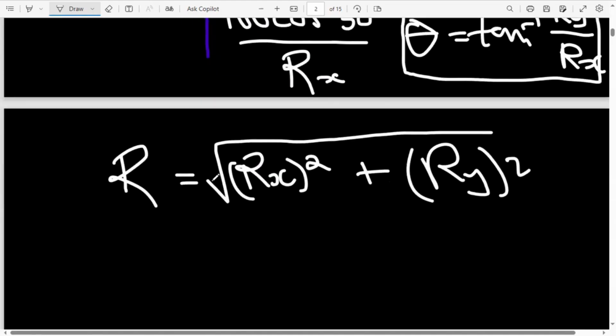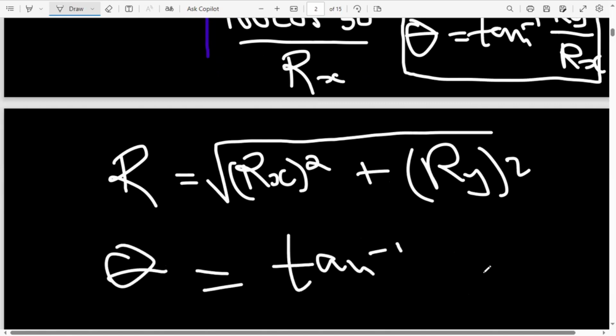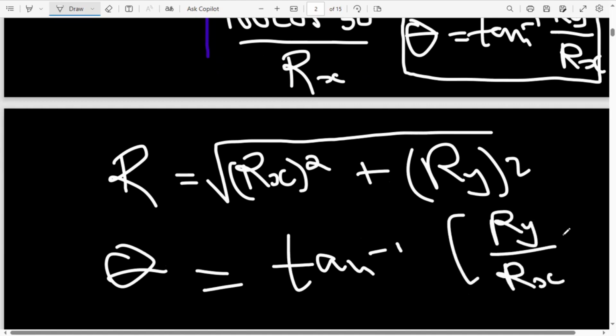This formula we use to find the resultant vector. And the direction of that resultant vector is tan inverse of the y component divided by the x component. These two formulas are very important.